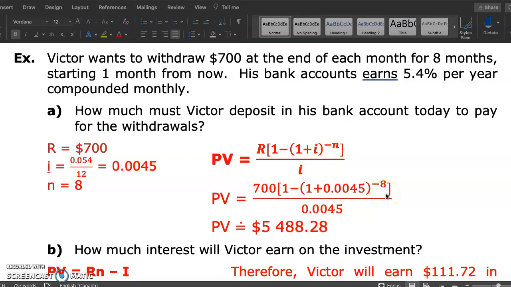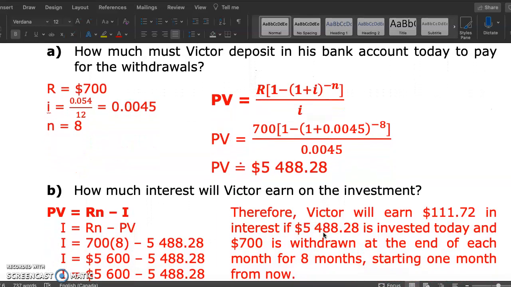Then I hit equals. I multiply that value times 700, hit equals, divide by the interest 0.0045, and then hit equals. This says that the present value is $5,488.28.